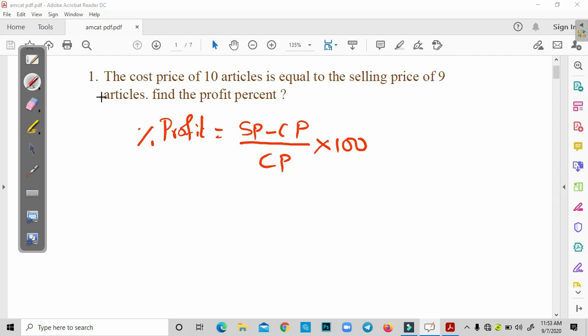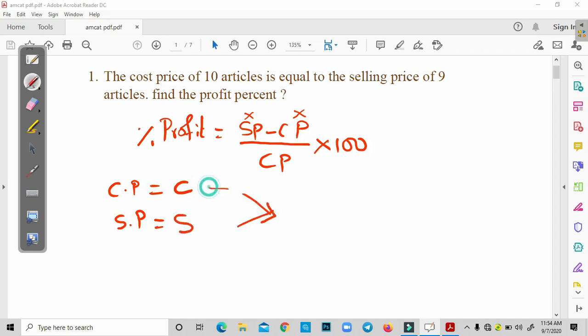But in these kinds of questions we don't know the selling price, we don't know the cost price. So the best way to solve these kinds of questions is, let us take the cost price of one article equal to C and the selling price of one article equal to S.